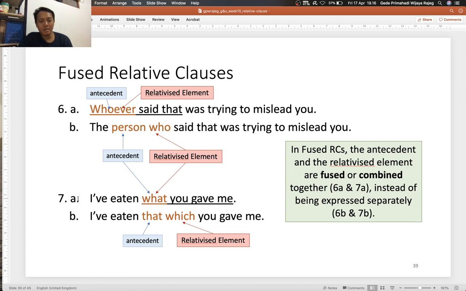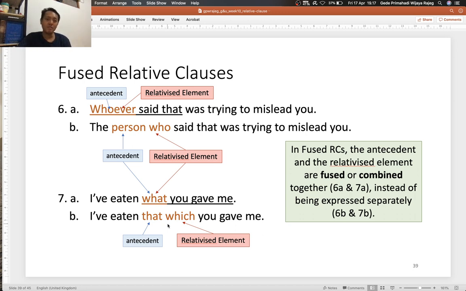Now 7a has the normal relative clause in 7b, the non-fused version: "I've eaten that which you gave me." But the fused version is "I've eaten what you gave me." So that is fused and non-fused relative clauses.